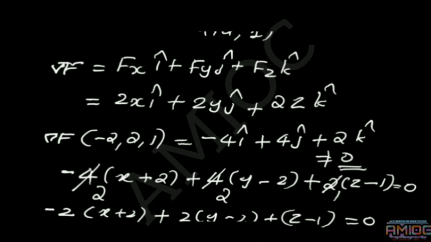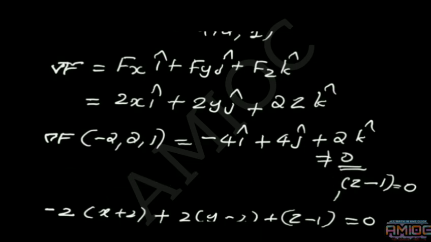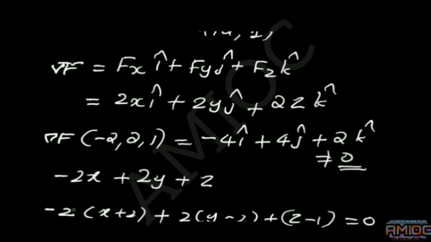Now we can reduce this expression. -2 into x is -2x, plus 2 into y is 2y, plus z. If we write the constant terms together, -2 into 2 is -4, plus 2 into -2 is -4, plus -1. So -4, -4, -1.